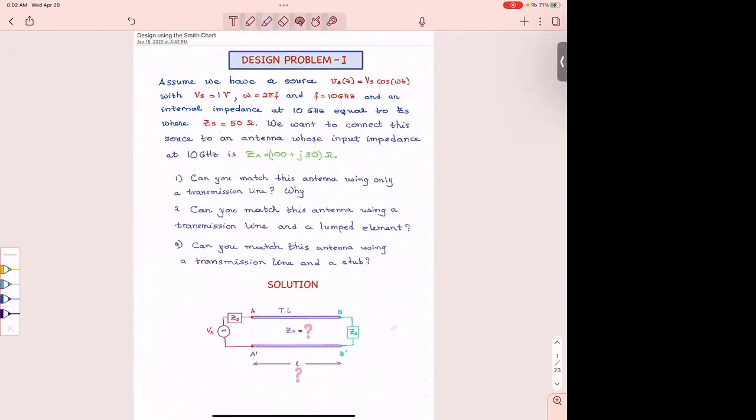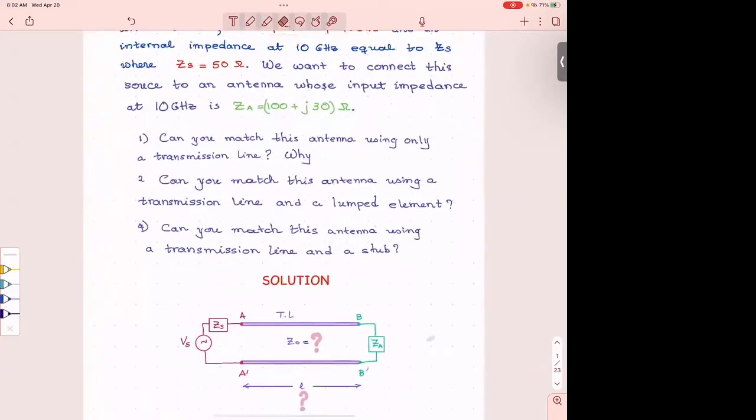So practically what we want to do is to connect the load, which is an antenna. All right, so the load is here. We want to connect to the source. And of course, they are physically separated. So we have to use something to connect them. All right, so it's going to be a transmission line. That's what we use to connect a load and a source if they are physically separated.